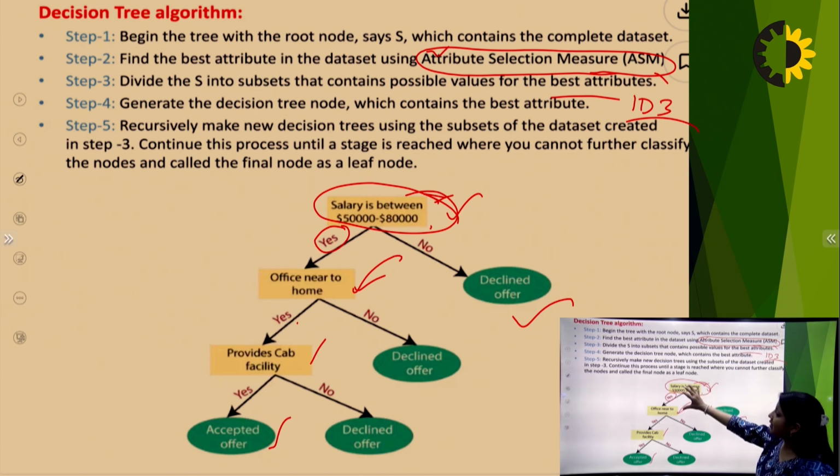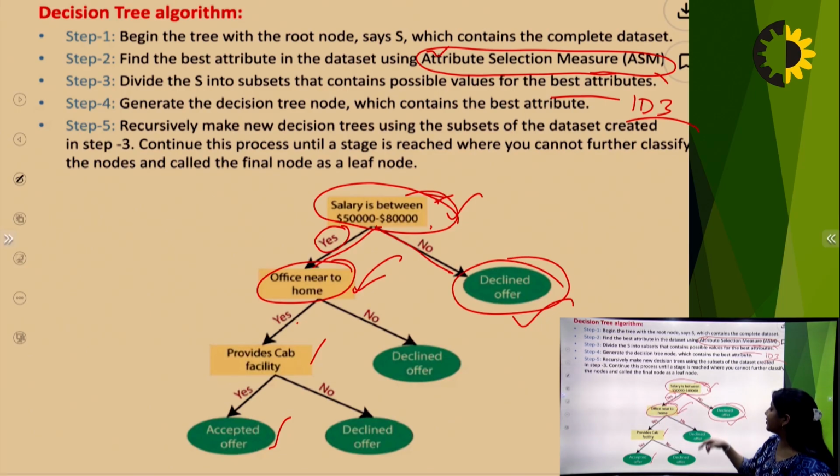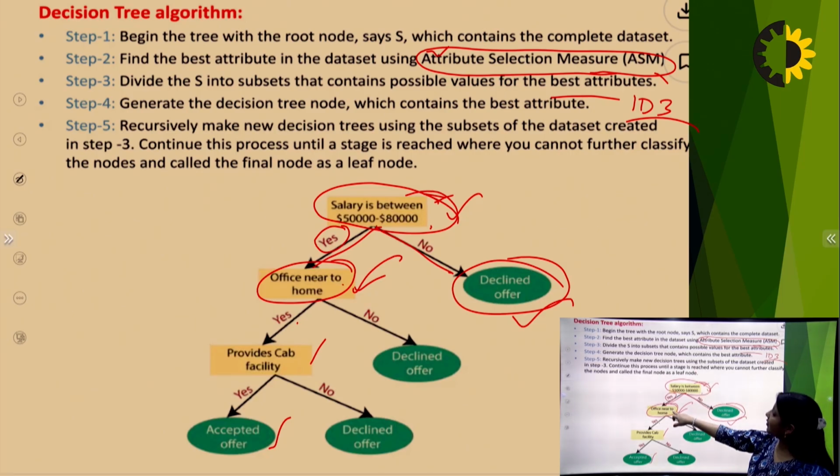When we classify further into the number of values, we branch out, subdividing this node into sub nodes, and we get further sub nodes here, and here we get the decision. Step 4, generate the decision tree node, which contains the best attribute, and recursively make new decision trees using subsets of the data set created.